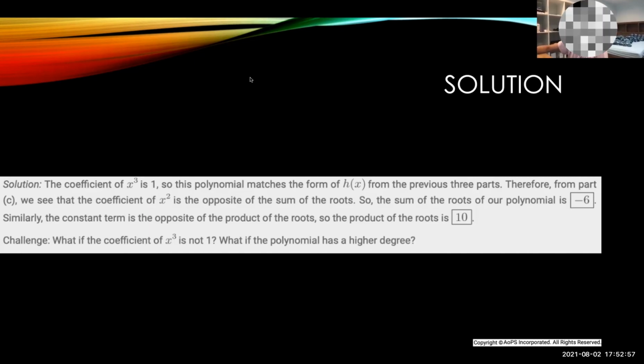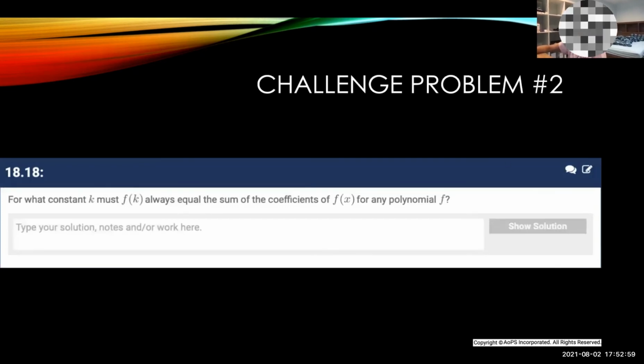And we have another challenge problem. This one is short, so I'll give you guys 3 minutes to work on this.